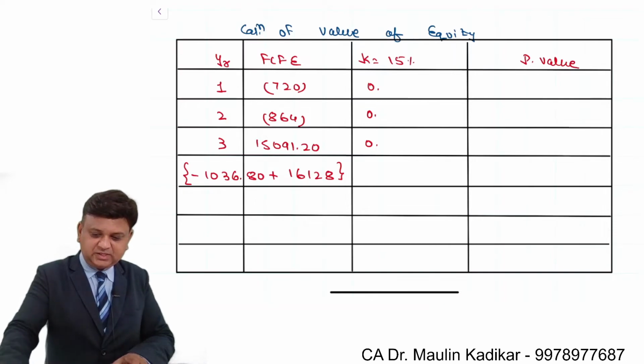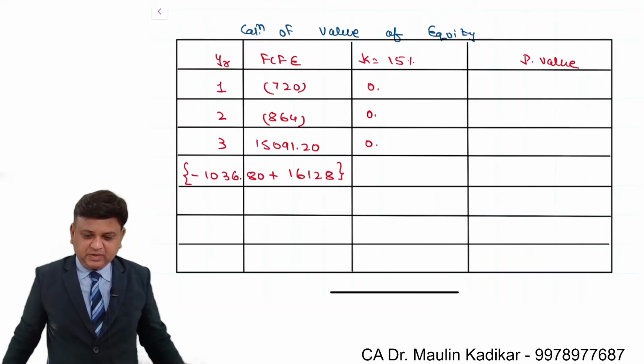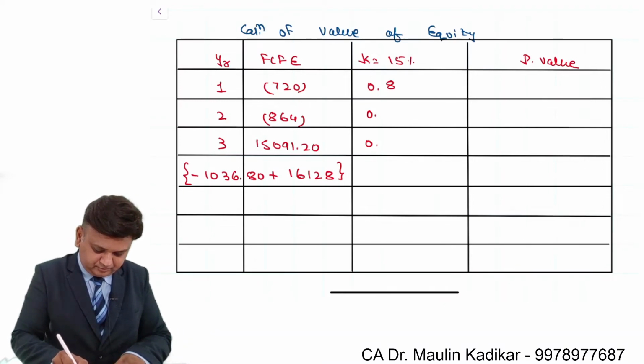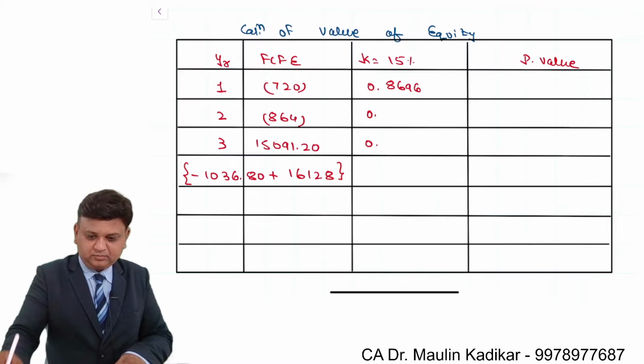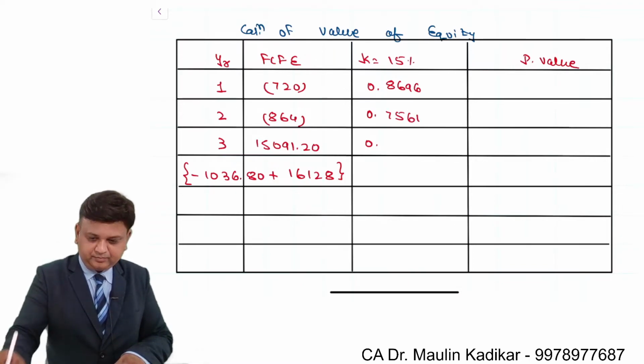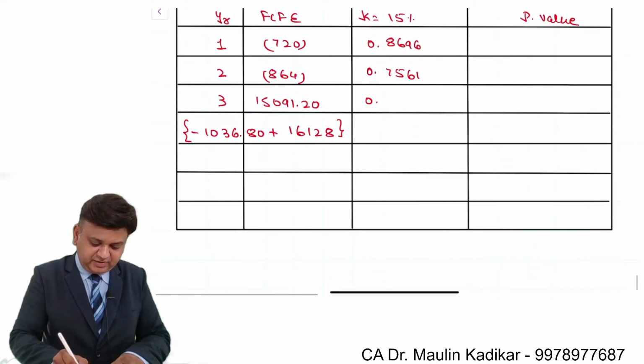So 15% is the discounting factor. First year factor is 0.8696. Second year it is 0.7561. Third year it is 0.6575.